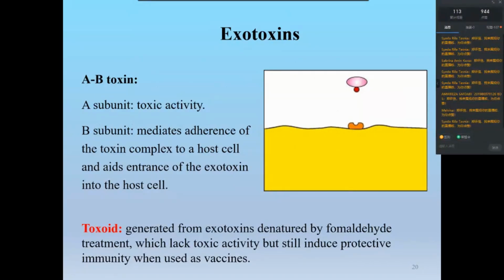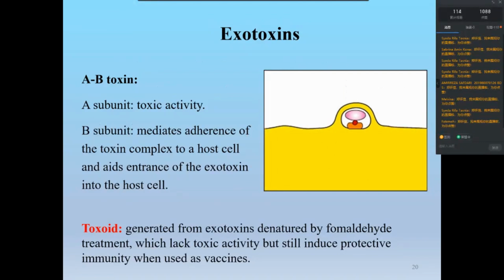Exotoxins are proteins, as we mentioned, and we humans can actually manipulate those proteins, because they are strongly antigenic, which means that we can manipulate the molecule and make them into antigens.